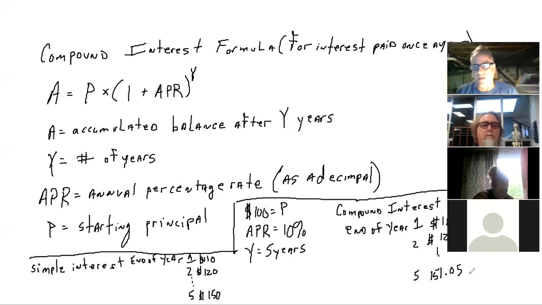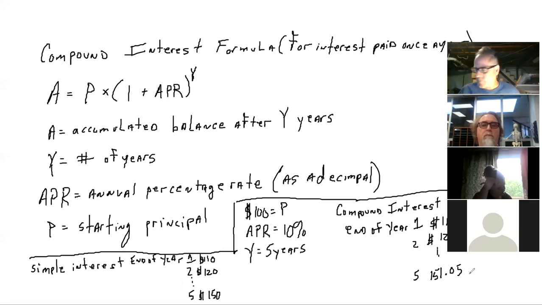And you would say to yourself, well, is there a huge difference? It's $1.05 more. But it's more, period. So you want to compound. And we'll find the more times you compound, the more money you're going to make. All right. So right now we're just looking at annual compounding.